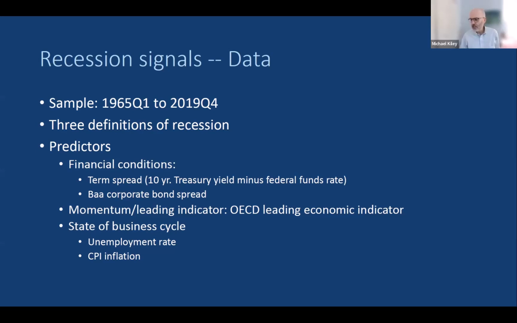One is if the unemployment rate rises by three-quarters of a percentage point, or if the unemployment rate rises by an amount greater than its unconditional 80th percentile over the sample period. So that's a 1 in 5 event. Recessions in the United States happen about once every 6 years, or about a 15% unconditional probability of a recession. And so this is just a 20% event for the unemployment rate.